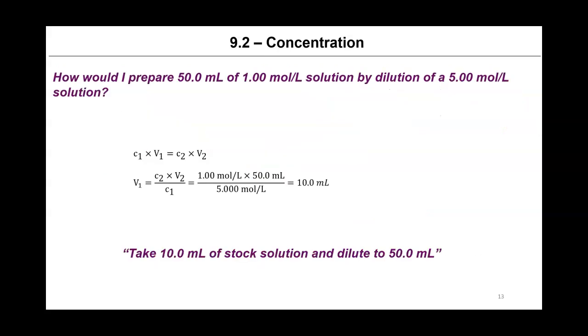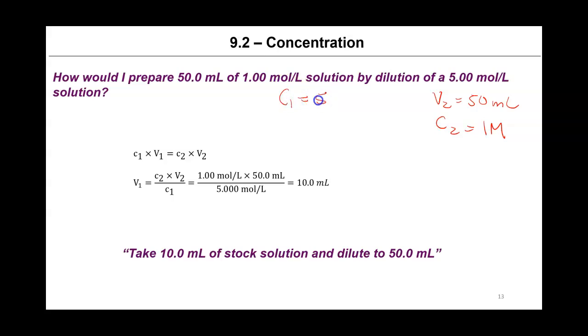Here's another one, just so you can see how it works. It says, how would I prepare 50 milliliters of 1 mole per liter solution? So V2 is 50 milliliters and C2 is 1 mole per liter. That's what we're trying to make.